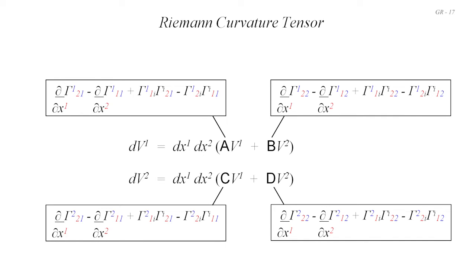Each one is a mixture of the derivatives of the Christoffel symbols and the products of Christoffel symbols. Notice that in these expressions I've coloured the indices. I've put the 1 and 2 of the loop dimension, x1 and x2, in red, and all the other indices in blue, except for the summation index I, which I've left black.